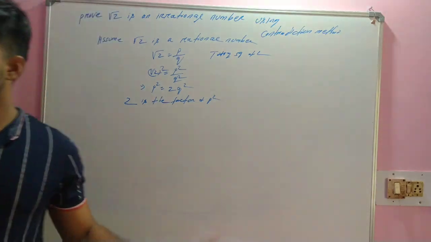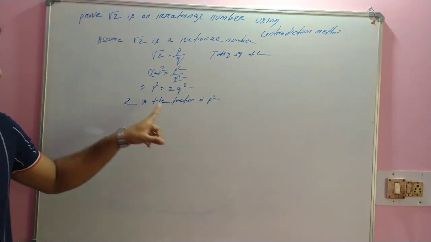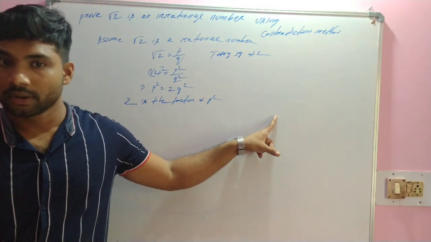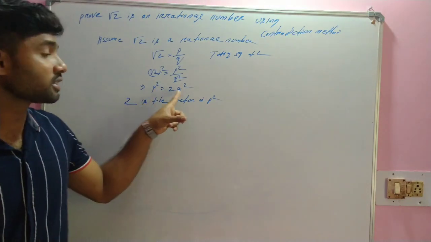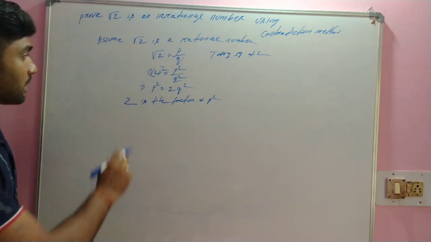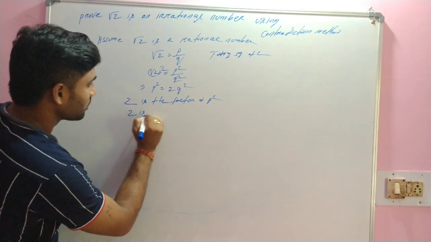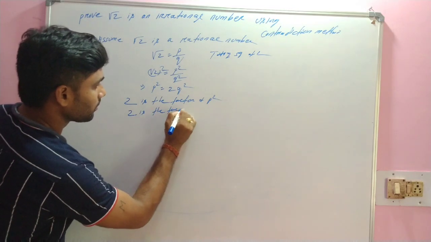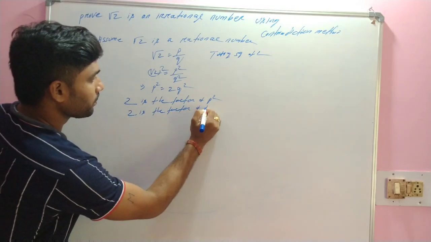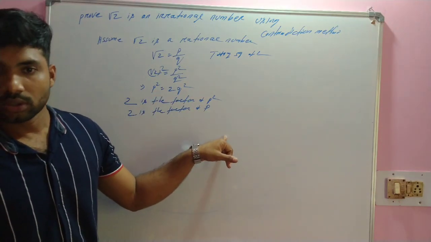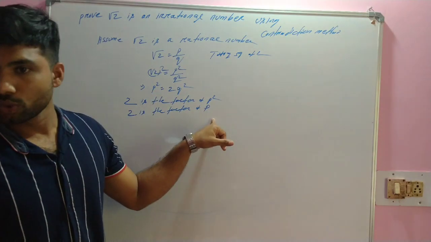That means p square is divisible by 2. So we can write 2 is a factor of p. That means p is divisible by 2.